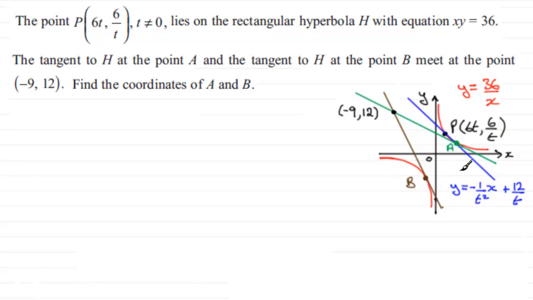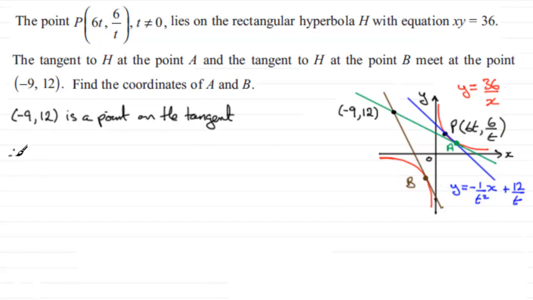So let's just start by saying that minus 9, 12 is a point on the tangent. So that means that I can substitute these 2 values for y and x respectively into this equation.